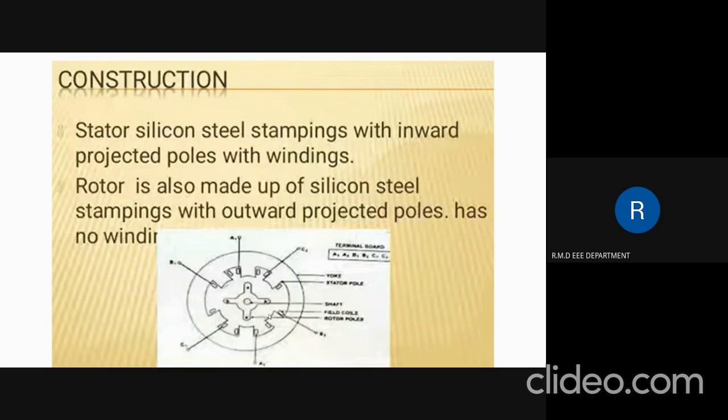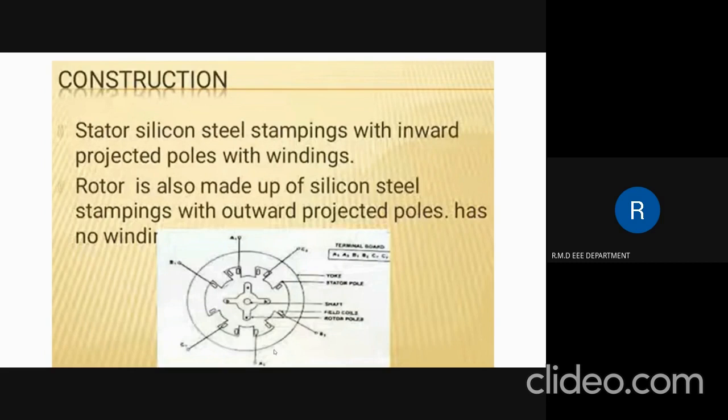The structure of an active stator is called phase windings. The phase windings are connected to the terminals of the motor. Now, with respect to the rotor, it is also made up of silicon steel stampings with outward projected poles. The rotor shaft carries a rotor position sensor.